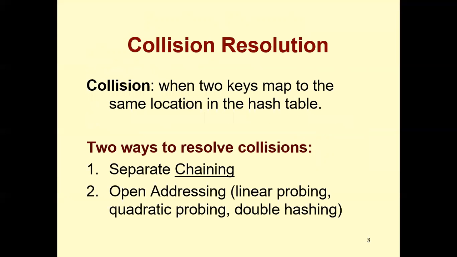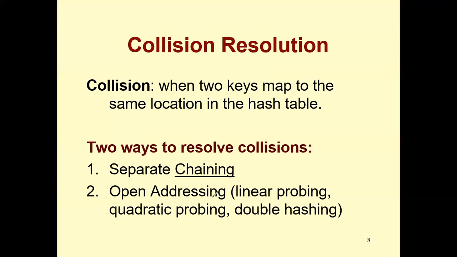All right, now collisions will happen in your hash table. As much as we try to avoid collisions, we will have collisions. That means it's possible to have more than one value being assigned to the same key. So there are two main methods that we have to resolve the collision.